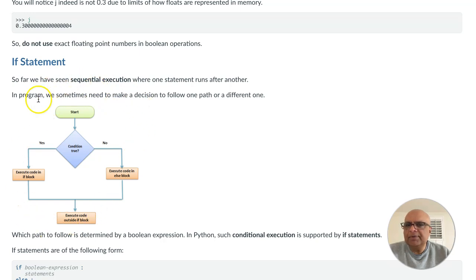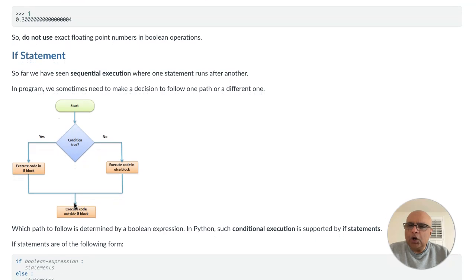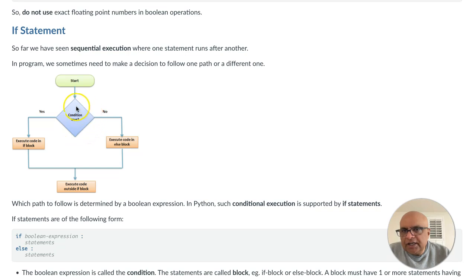And that's what is represented by this flow diagram, where you check some condition at runtime, and if it is true, you do one set of statements. If it's false, you do another set of statements, and then you continue. Now, this is called conditional execution. And this decision here is actually represented by a Boolean expression, because a Boolean expression will return true or false.